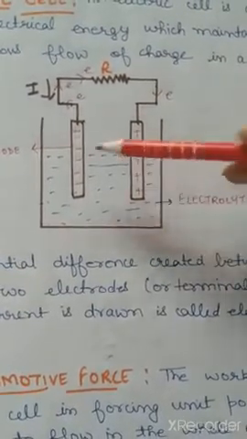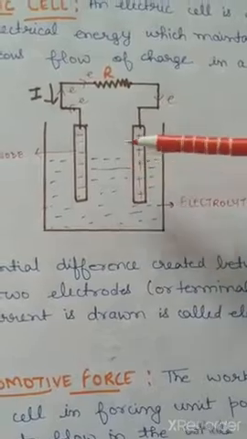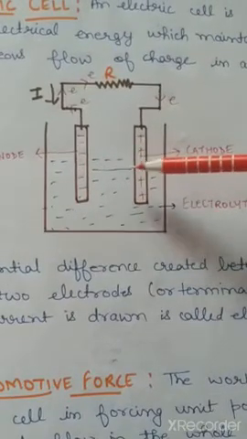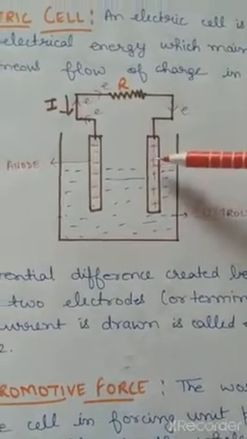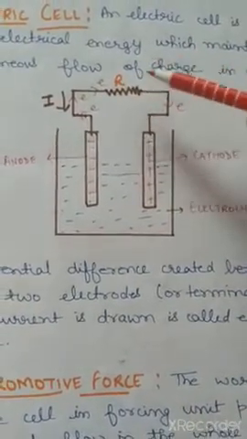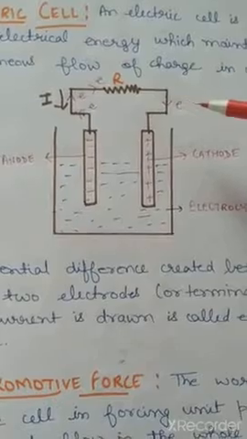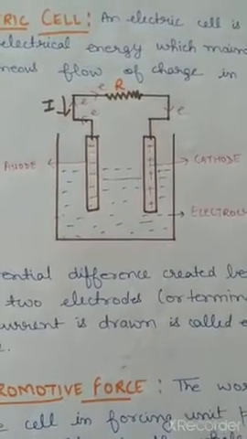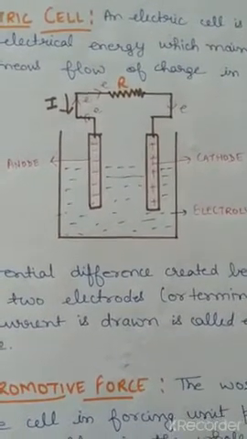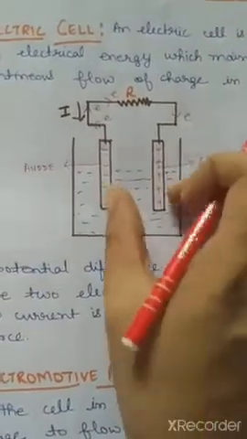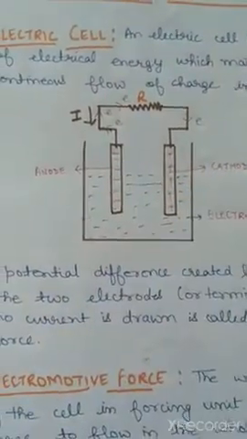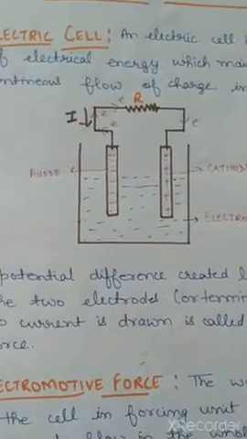Now there is a difference in concentration, so a potential difference is created between the two electrodes, and when the cell is not connected, that means the cell is not used and not connected with any external circuit, the potential difference created between the two electrodes is known as electromotive force.